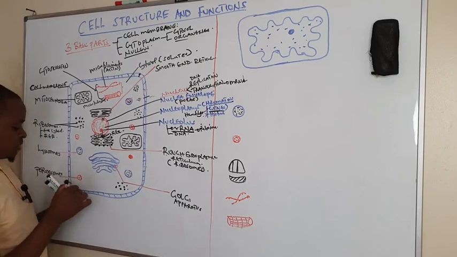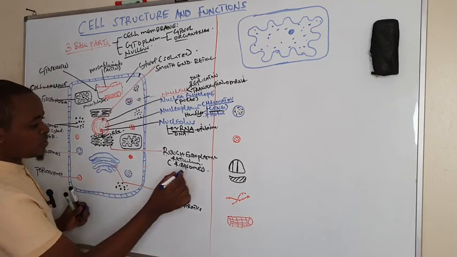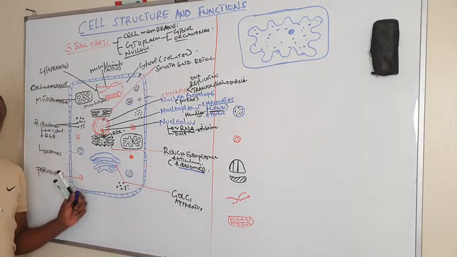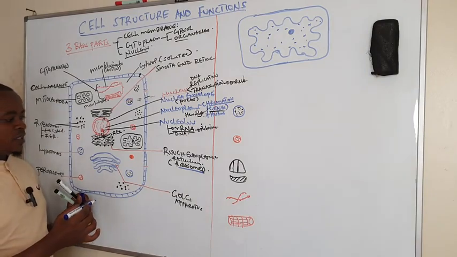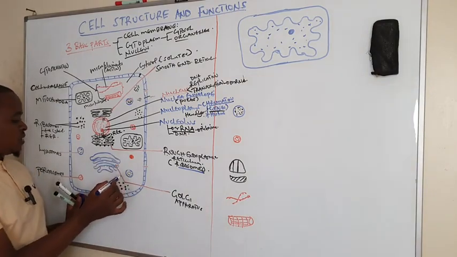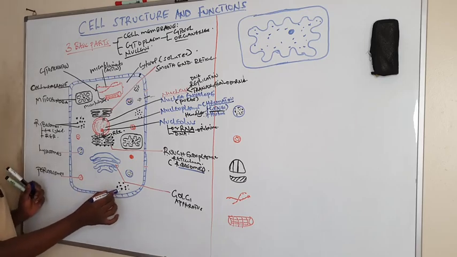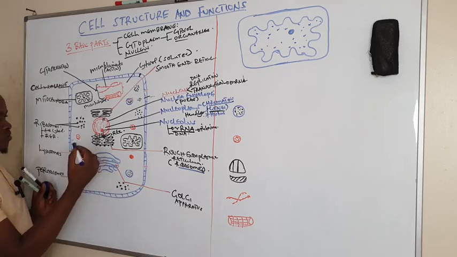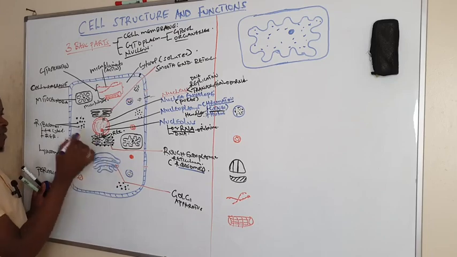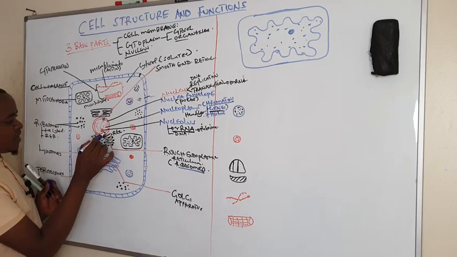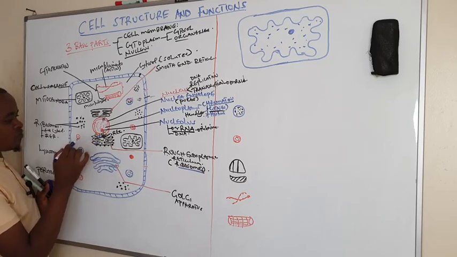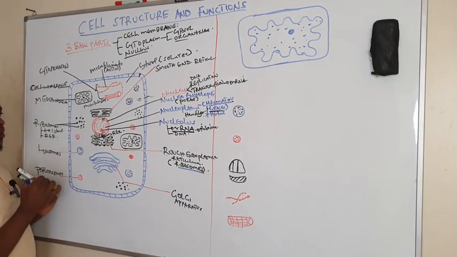And this rough endoplasmic reticulum, we said, contains ribosomes, and these ribosomes act as machinery. If I have a ribosome in the cytosol, for example, it is going to receive the messenger RNA, and they carry out translation to form proteins.